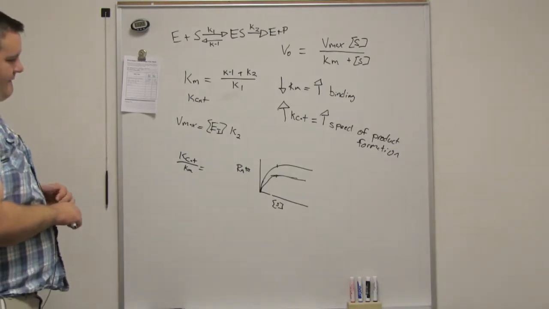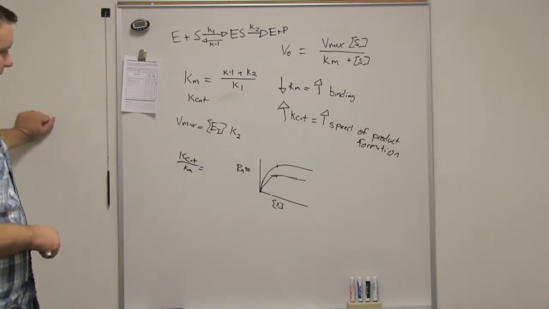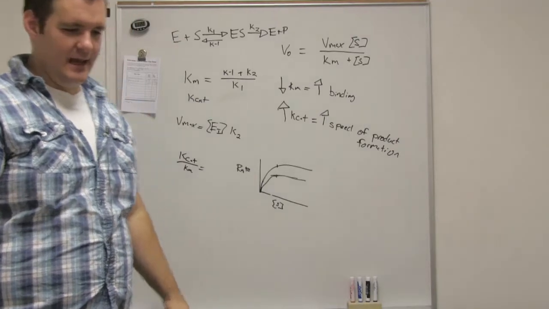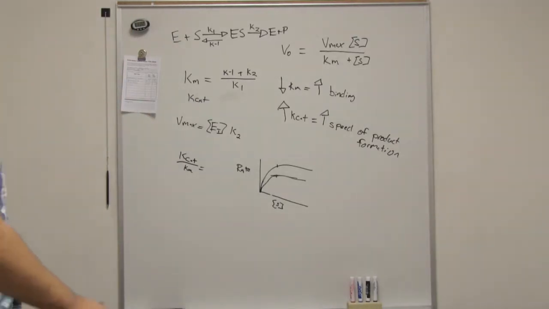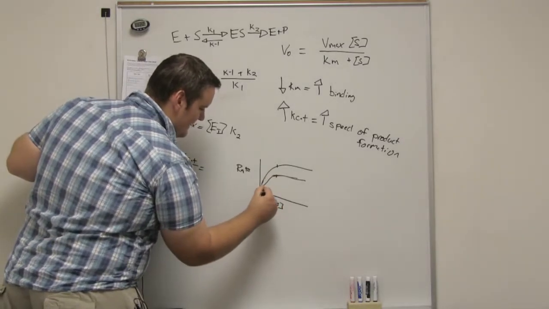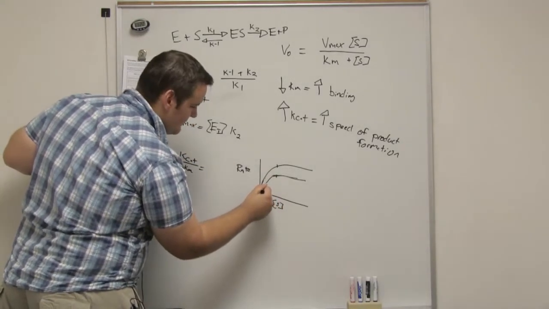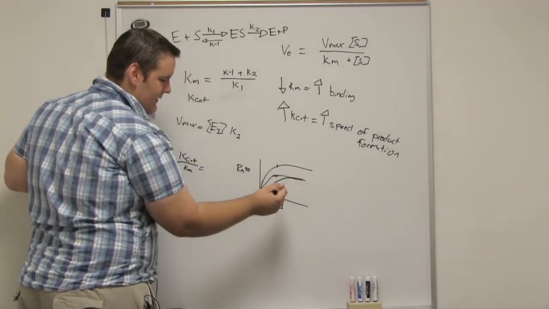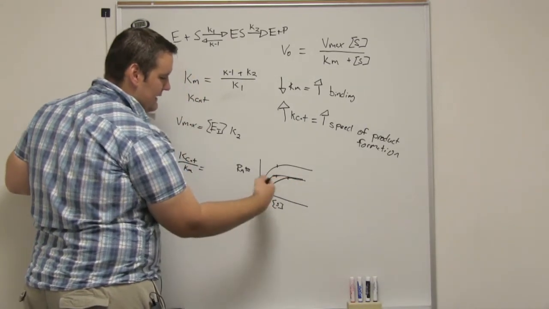It's just the rate of catalysis of the enzyme. Maybe we should look up the equation for Kcat, that might help. But I think the idea is if you change Kcat or Km, because they're interrelated, you're going to reach the same Vmax, but you're going to reach it later.